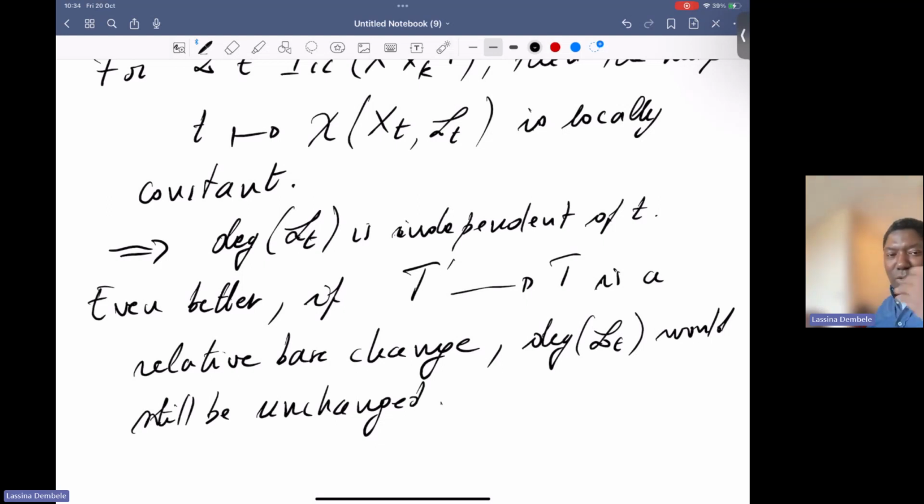So the map really does behave very well in families in that sense.